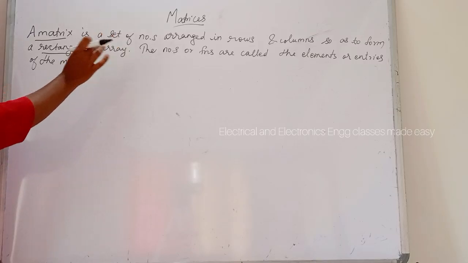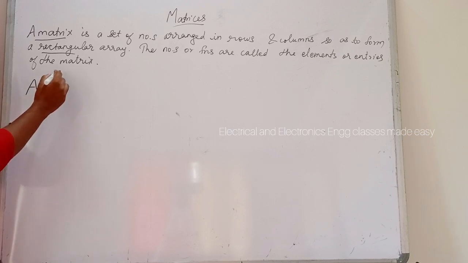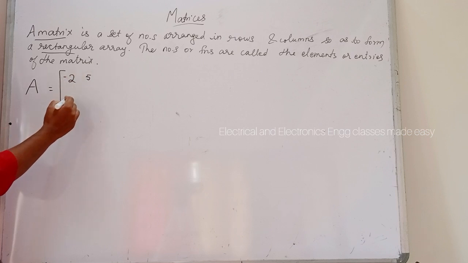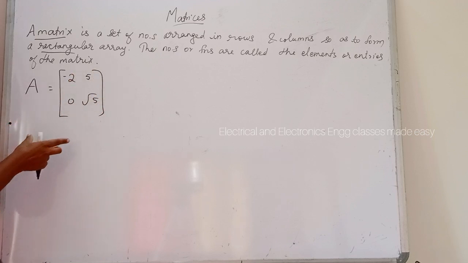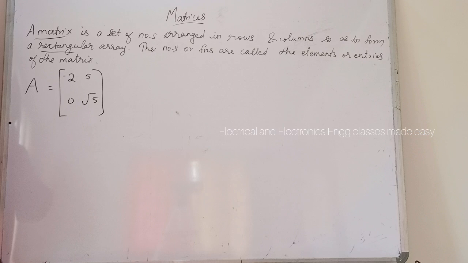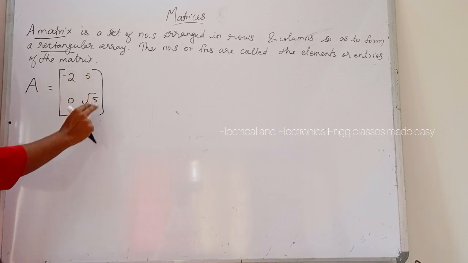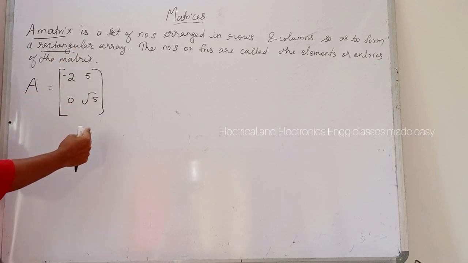Here the matrices are denoted by capital letters. For example, let the matrix A be represented like this. Let it be equal to minus 2, 5, then 0, root 5. So this is a matrix A. Here the numbers are arranged in rows and columns.